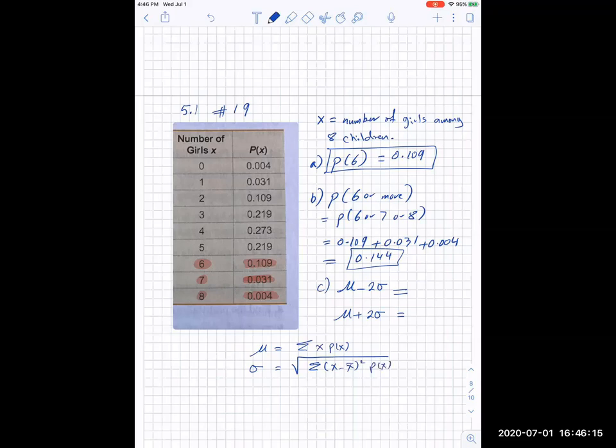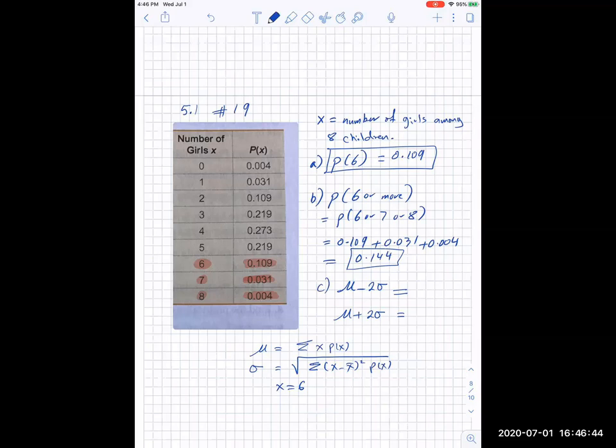Once you get the mean and standard deviation, you find the mean minus 2 standard deviations and the mean plus 2. If x is 6 and it falls in this range, then it is not significant. If it's outside the range, then it is considered significant.